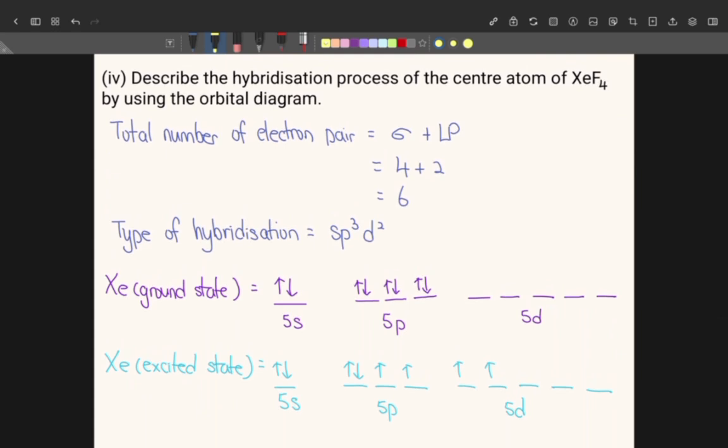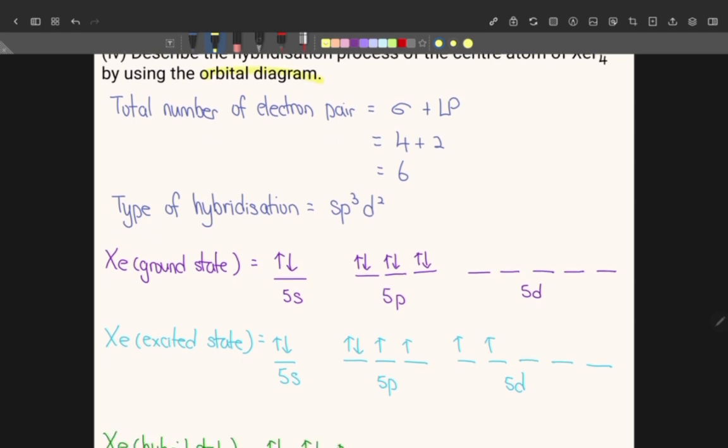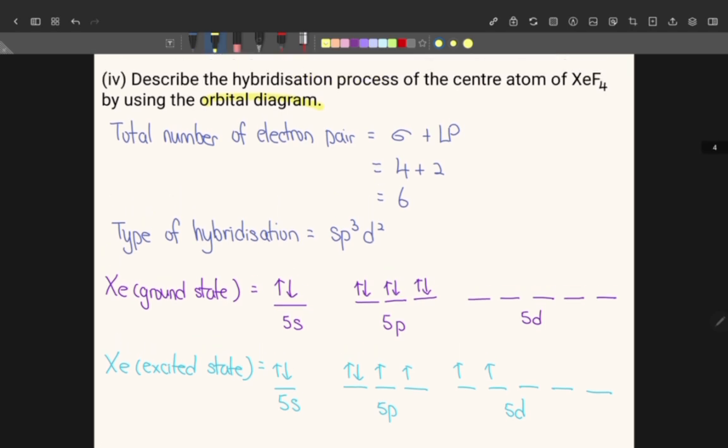Next, describe the hybridization process of the central atom of XeF4 by using the orbital diagram. Okay, so first we need to know the type of hybridization for the central atom.